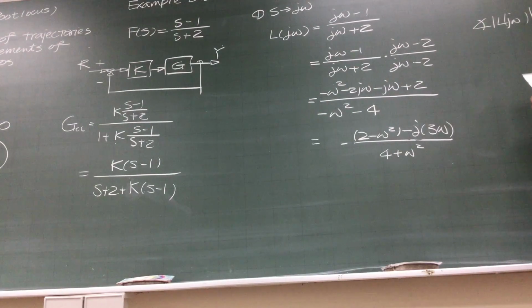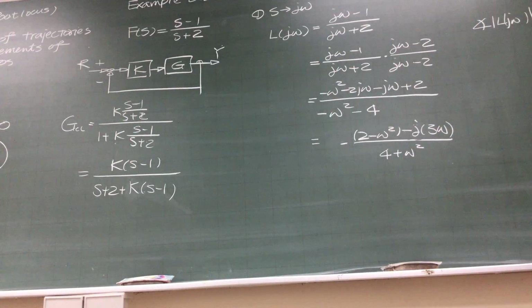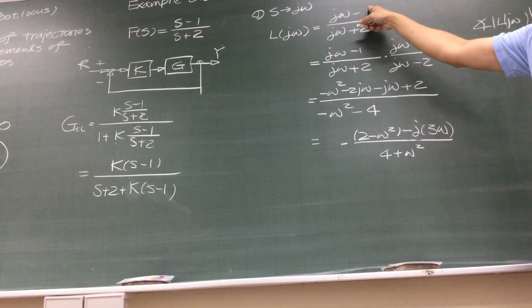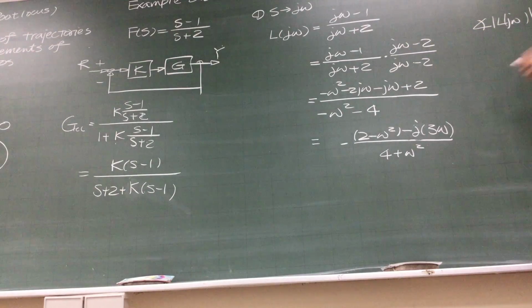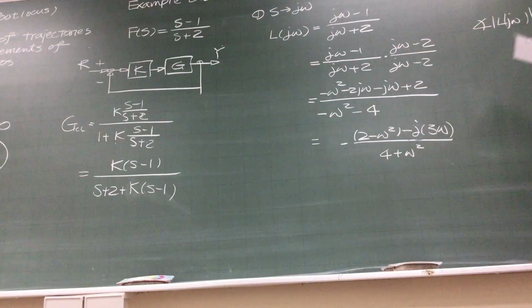So we can do it from the basics, it is going to be tangent of negative omega, because this is in the numerator, so it is going to be a positive value, and this is the denominator, so we need to have a negative sign.